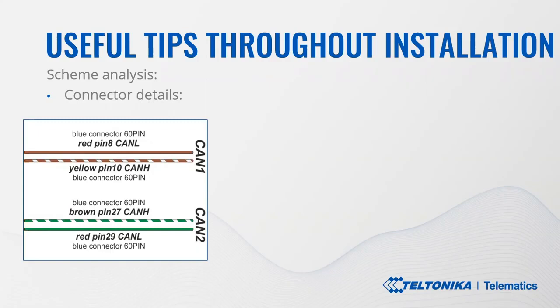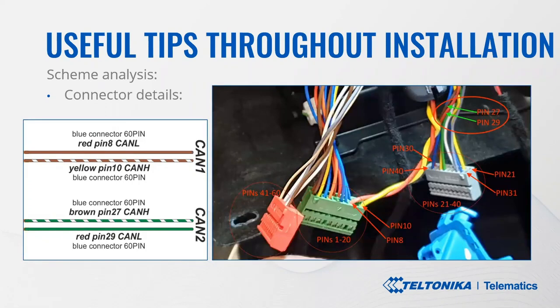As presented in the picture, we usually define the wire colors and the connector colors for each CAN line and for each wire. These initial points must be used as reference. In the provided example, you see the connectors and the pin locations. However, if you are able to determine the same twisted wires with different colors, you can ignore the colors and connect just according to the pin number.